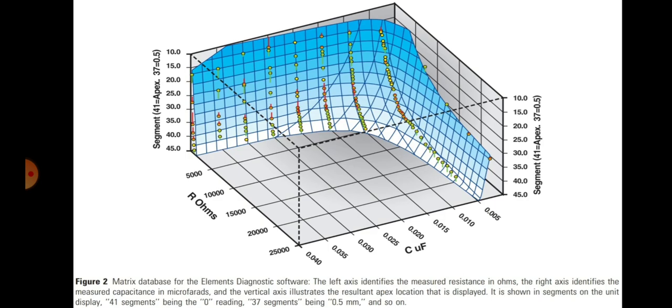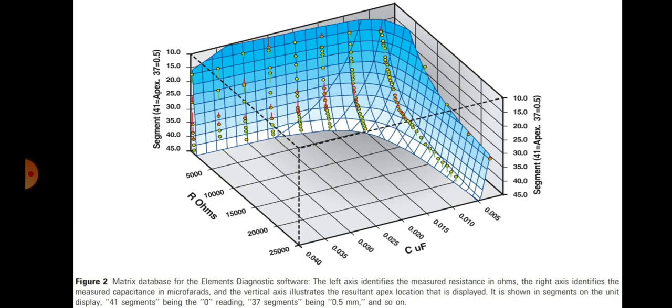For the Elements Diagnostic software, the left axis identifies the measured resistance in ohms, the right axis identifies the measured capacitance in microfarads, and the vertical axis illustrates the resultant apex location that is displayed.